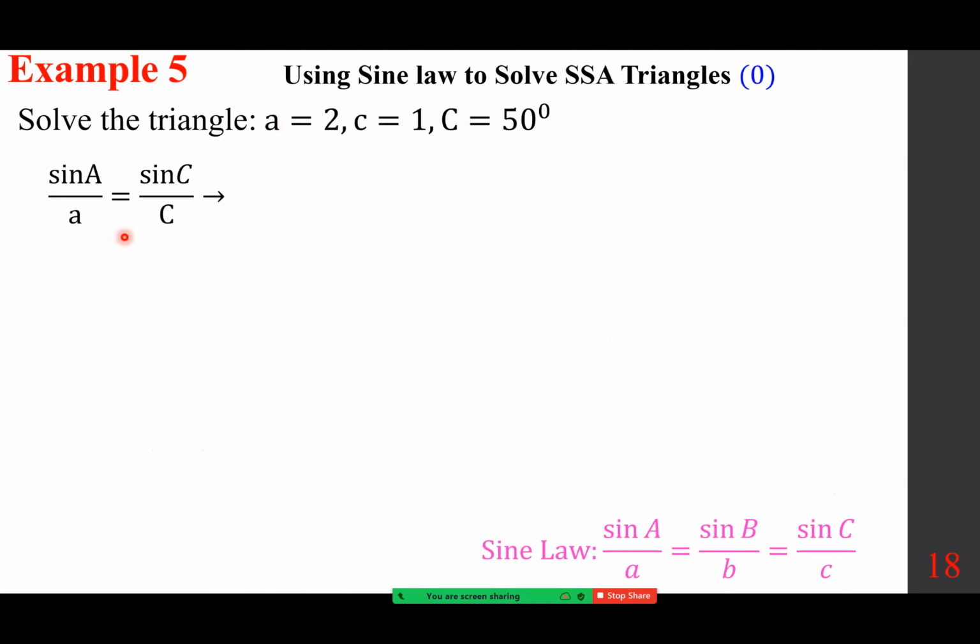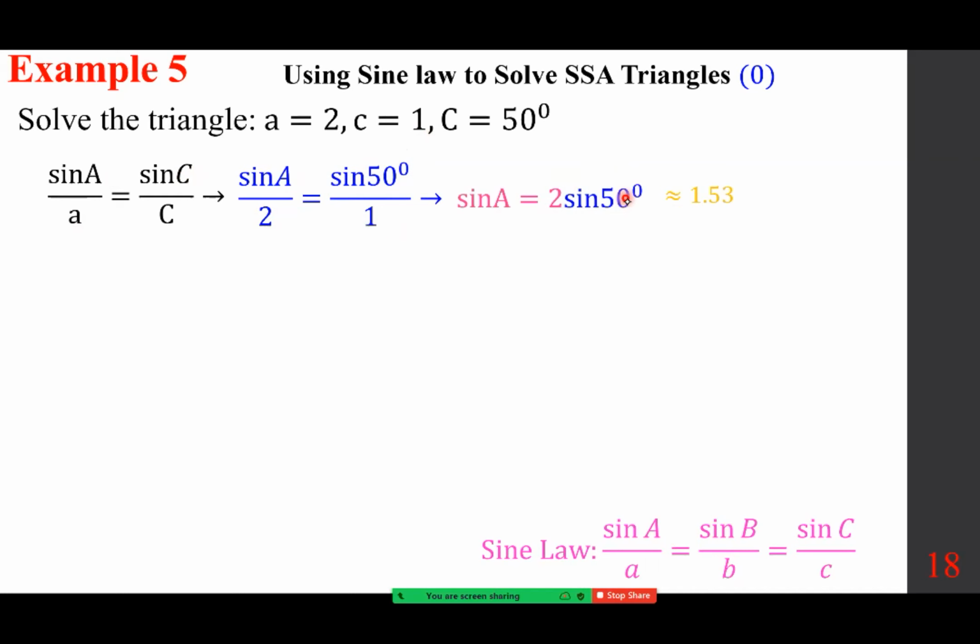So plug in everything and find capital A. Lowercase a is 2, capital C is 50 degrees, lowercase c is 1, and we want to find sine A. Sine A is the product of these two, 2 times sine 50 divided by 1. So simply 2 sine 50. And when we use a calculator, we get 1.53.